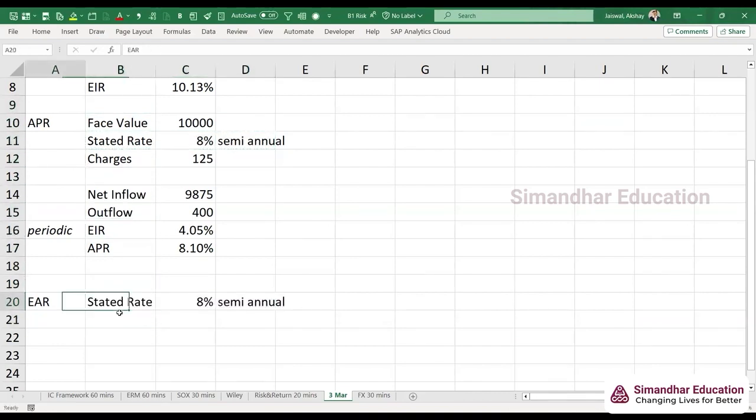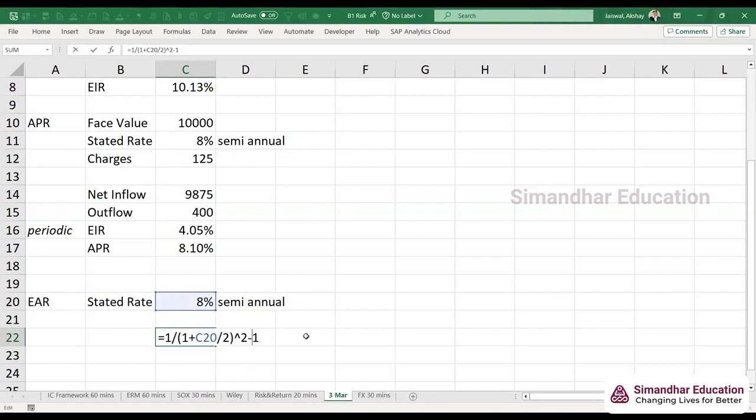Calculate the EAR. So the formula is 1 plus the percentage divided by 2, meaning 6 by 12, and then the whole to the power 2, because of semi-annual, 2 periods, and at the end we'll subtract 1.